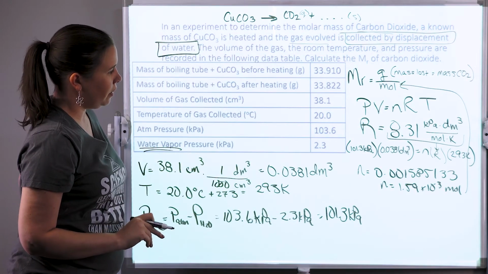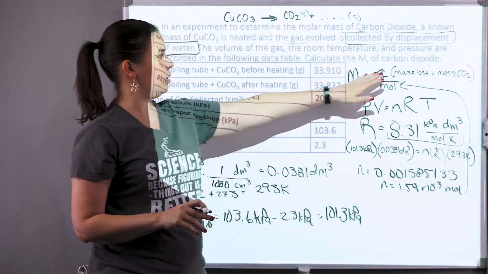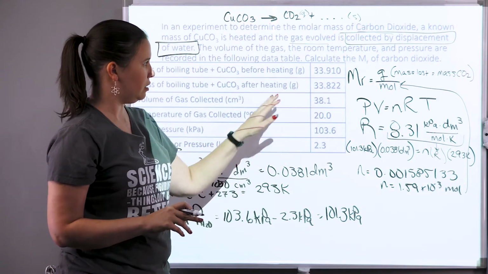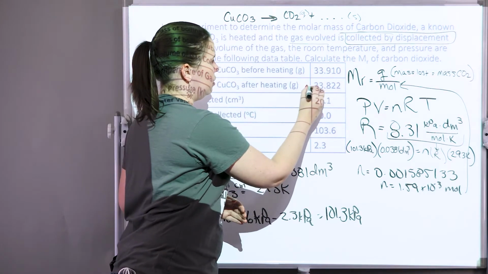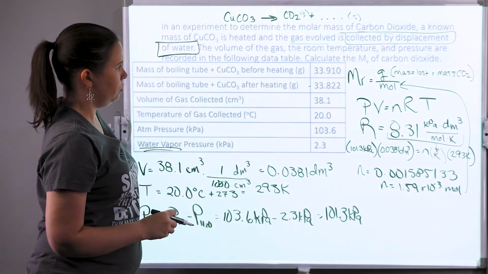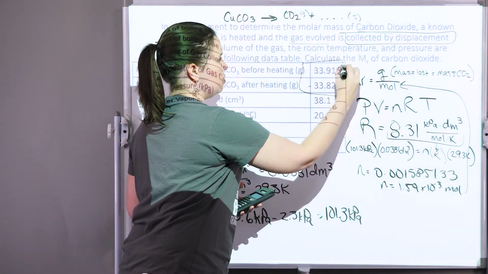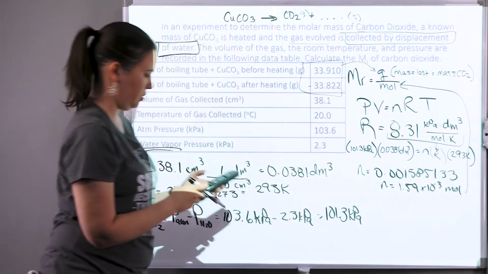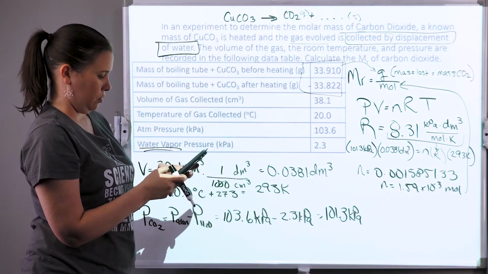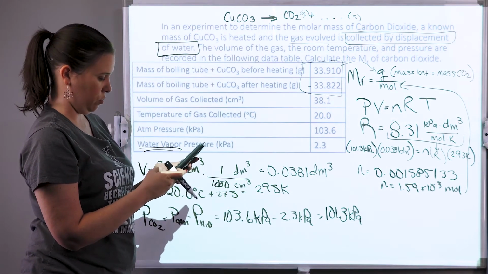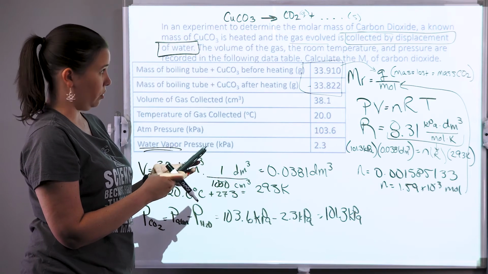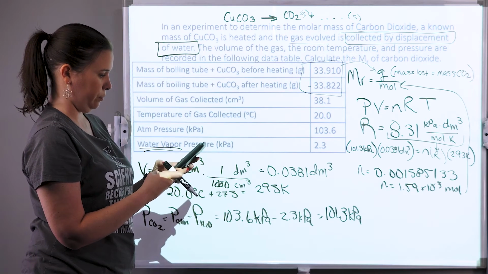So that's going to go in the bottom. And although I figured out what to do on the top, I never actually did it. So let's go ahead and subtract 33.91 minus the 33.82 here so that we can use that to get the mass. So 33.91 minus 33.822.